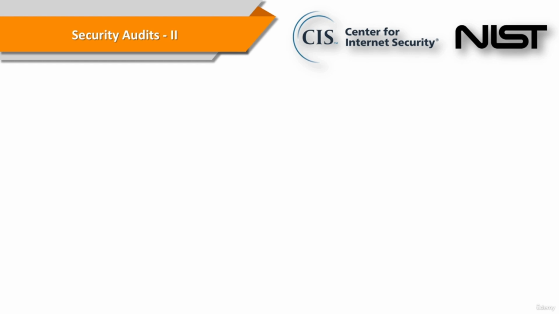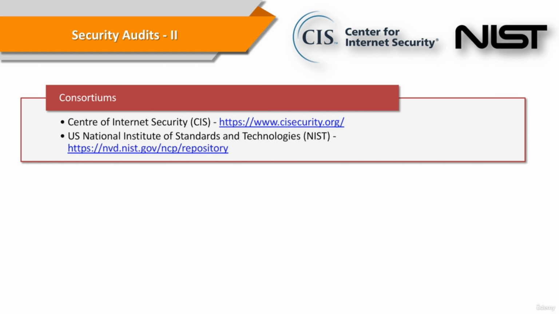Now, perhaps the major question is, where can we find the best practices to perform security audits? Good question. Thankfully, there are some organizations and consortiums which regularly publish and update the security audit checklists of IT systems. And these are the most popular organizations to collect checklists from.